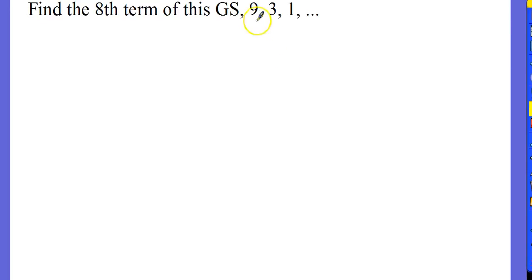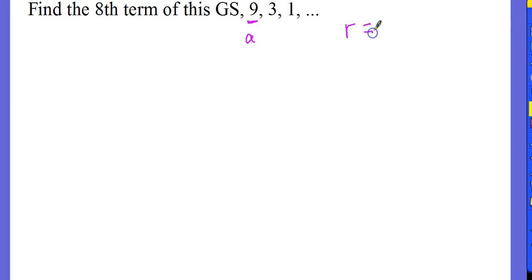What we have is our a. Yes, we have that. But what we do not have is the r. So what's the common ratio? What's happening over and over and over again? Multiplying by 1/3, you guys are seeing it.